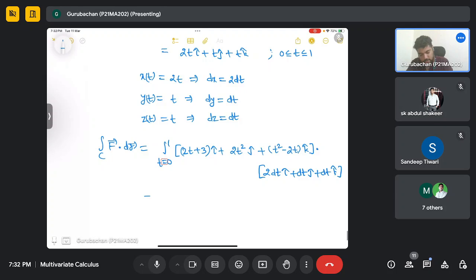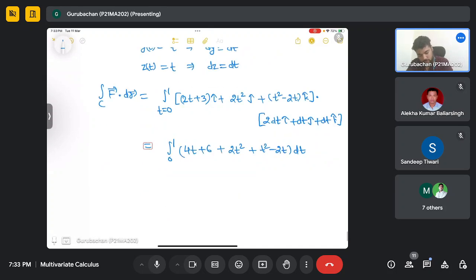So this will give us the integral from 0 to 1 of (4t plus 6). Answer 9, sir. No, 9 is not a correct answer. Okay. Yes, 2t square plus t square minus 2t into dt. So on simplifying, the integral from 0 to 1 of (3t square plus 2t plus 6) dt.